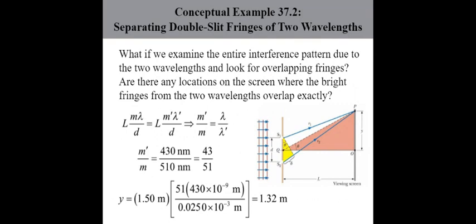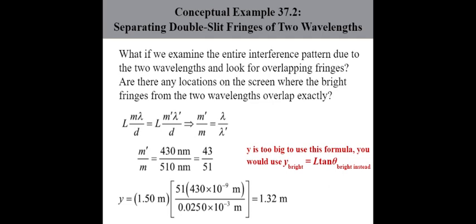So for the shorter wave, the fringe of order 51 overlaps with the fringe of the longer wave of order 43. Now you can calculate where on the screen the overlap happens, and according to the small angle formula for y, it happens at a distance of 1.3 meters from the center of the screen.